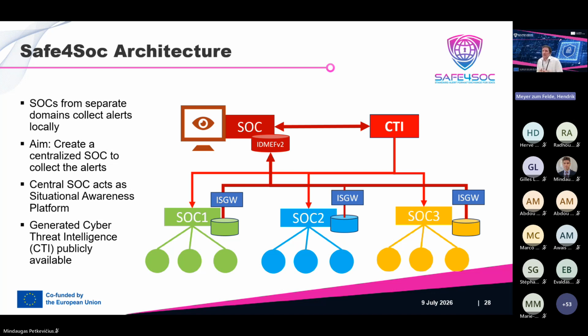In the end, the situational awareness platform has the aim to derive information from all the other collected alerts. And this cyber threat intelligence, in short CTI, is afterwards made available to the participants, or even to some people via a public endpoint. So the idea is to create cyber threat intelligence from all participants.